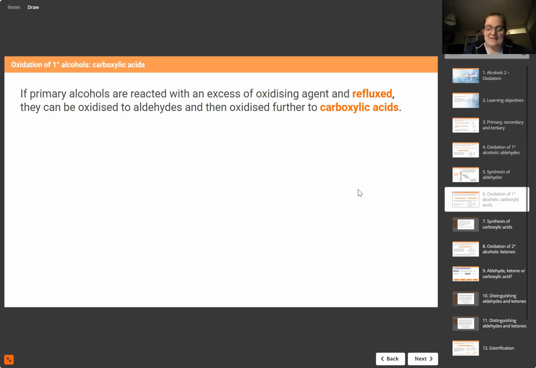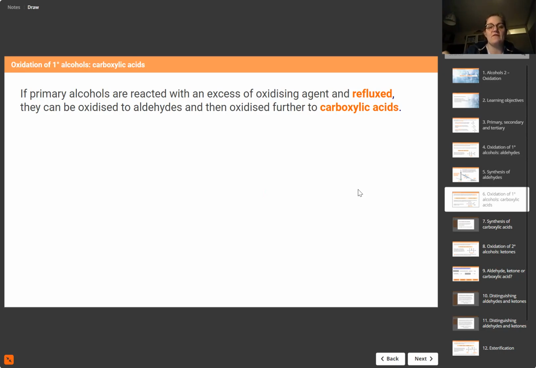And this is the part I'm going to look at now. So if primary alcohols are reacted with an excess of oxidizing agent and then refluxed, they can be oxidized to aldehydes and then oxidized further to make carboxylic acids.